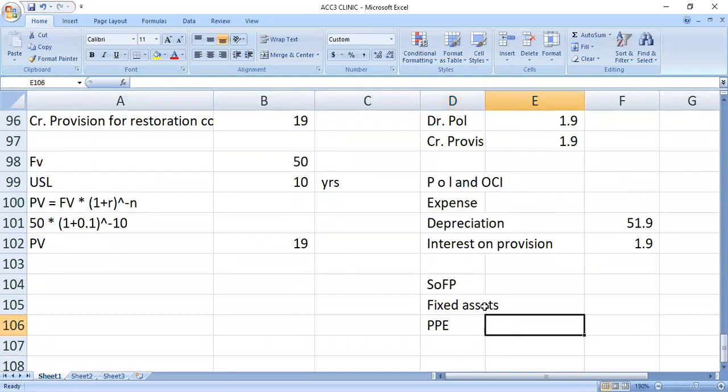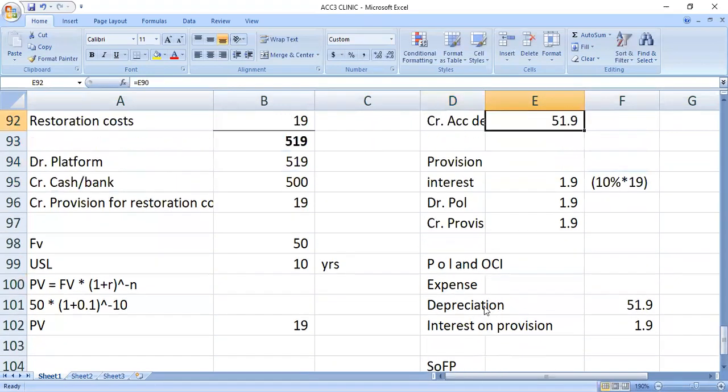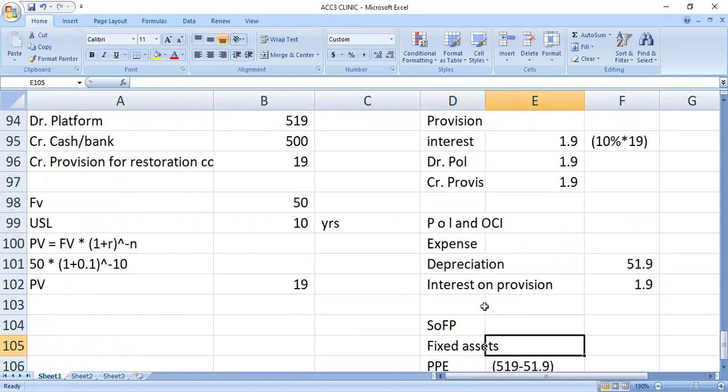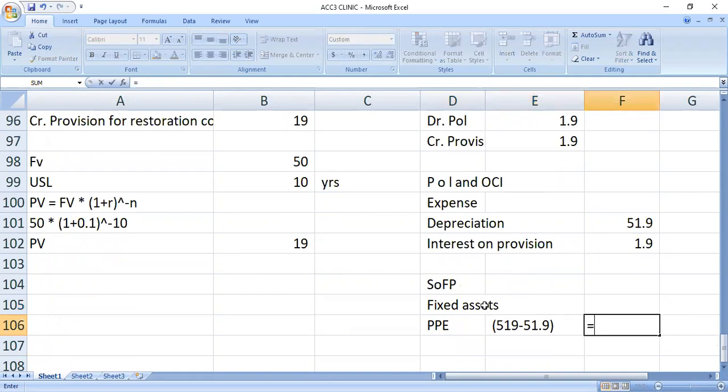Initially it was 519, but we are deducting accumulated depreciation, which is 51.9. So giving me this.